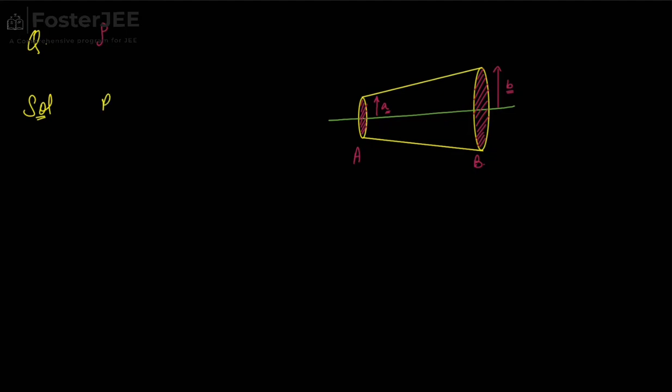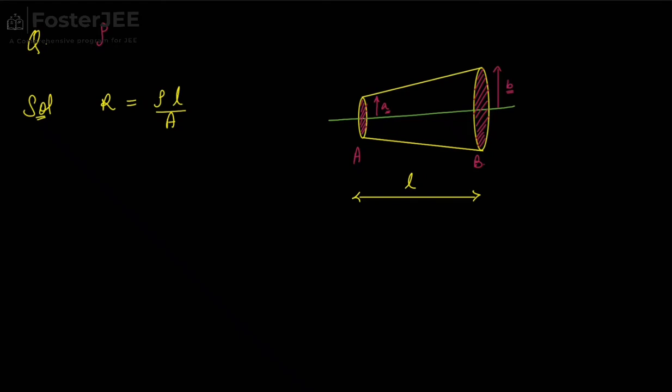Why? Because the resistance will be rho times length upon area. Between these two faces, even if we know the length, that is L, still the area is changing with every point traveling from A to B. So we have to do the integration.